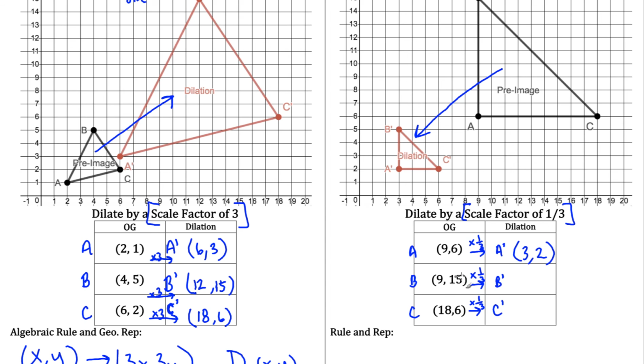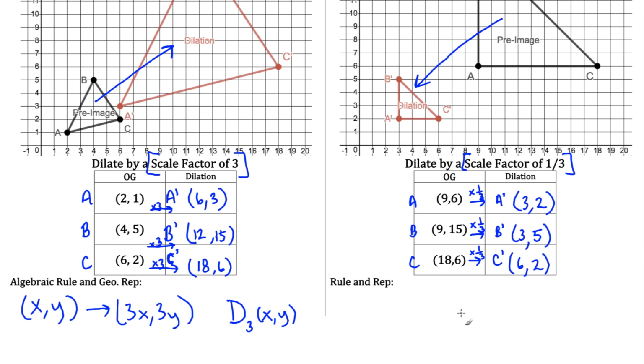So 9 times 1/3 is 3. 15 times 1/3 is 5. 18 times 1/3 is 6. And 6 times 1/3 is 2. So we would represent this by saying that x, y turned into, you don't even really need this x, y.